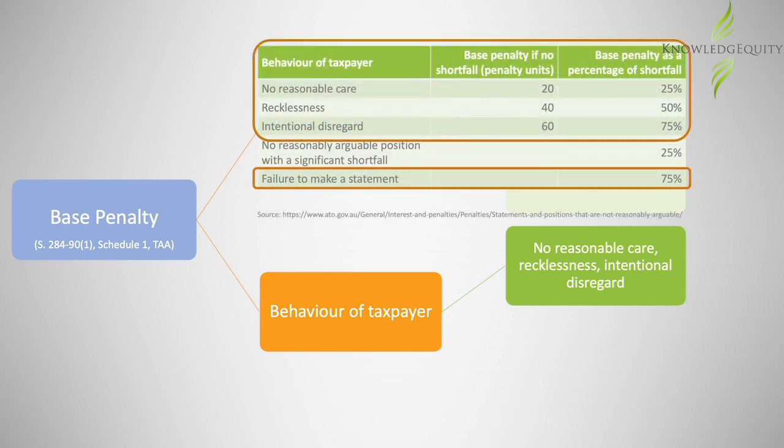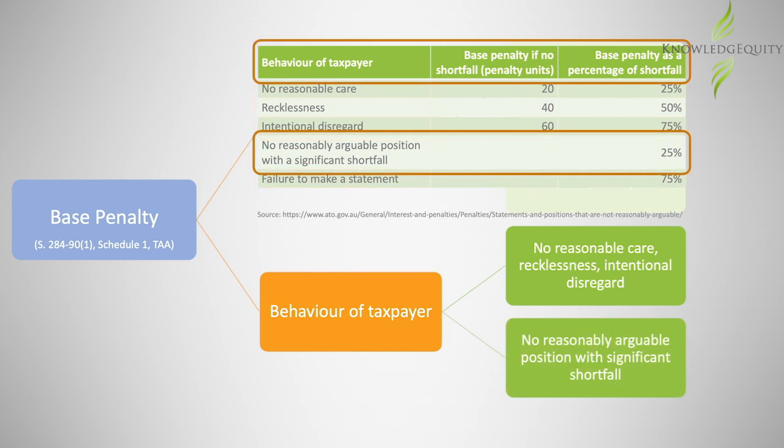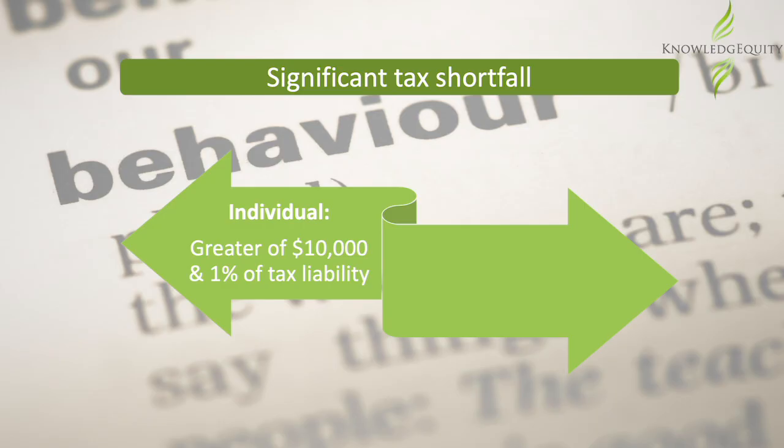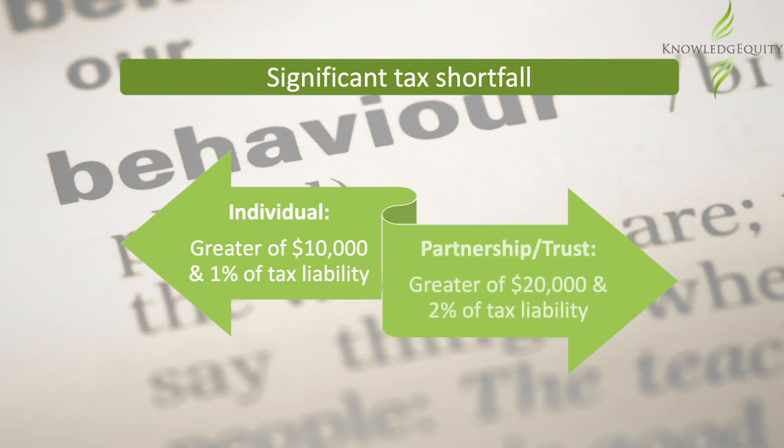The base penalty, in penalty units or percentage of shortfall, increases as the seriousness of the taxpayer's inappropriate behaviour increases. Note that the penalty for no reasonably arguable position is only applied where there is a significant tax shortfall. For an individual, a significant tax shortfall is the greater of $10,000 and 1% of the tax liability on the individual's tax return. For a partnership or trust, it will be the greater of $20,000 and 2% of the tax liability based on the taxpayer's tax return.